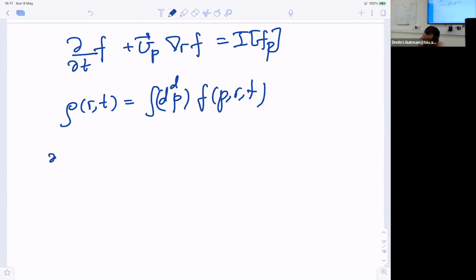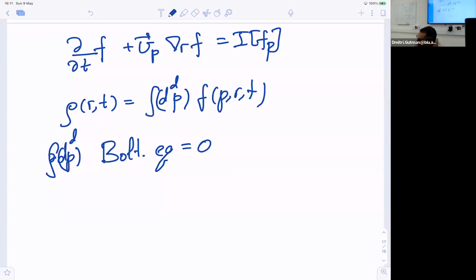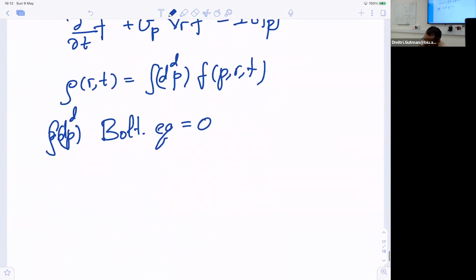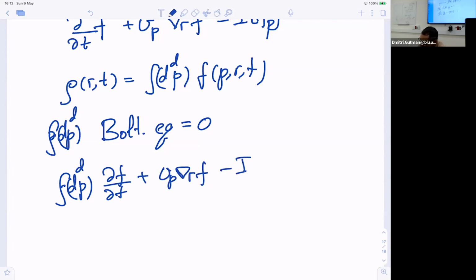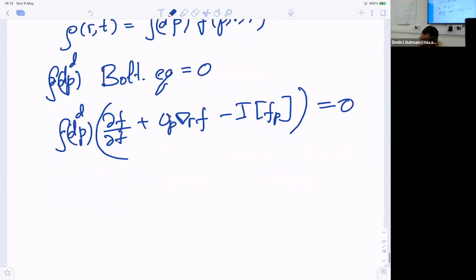So if I take the Boltzmann equation and integrate it with respect to momentum, I'm supposed to get the continuity equation. Okay, so how does it work? I'm taking my equation and integrating over dp. That's the first term plus v_p gradient_r f minus the collision integral. All this is equal to 0.